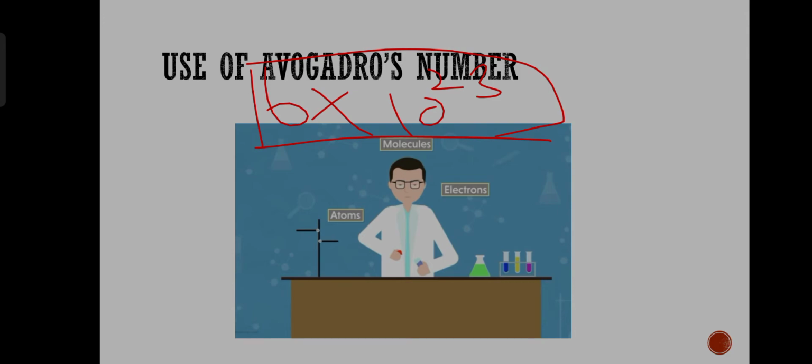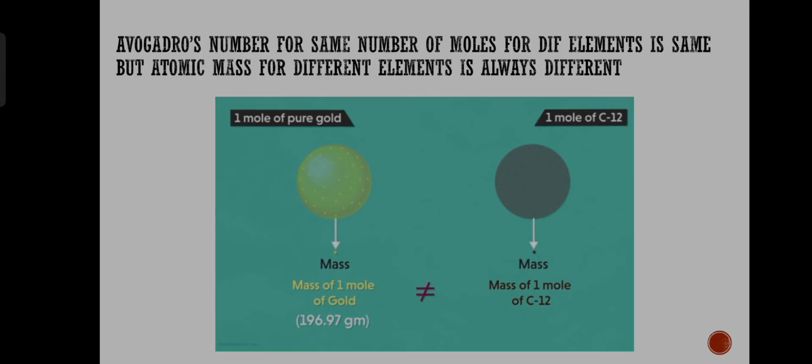So we'll use the Avogadro's number for our convenience, because it is very hard for a chemist to use units like kilogram or milligram if they are dealing with atoms or molecules, right?